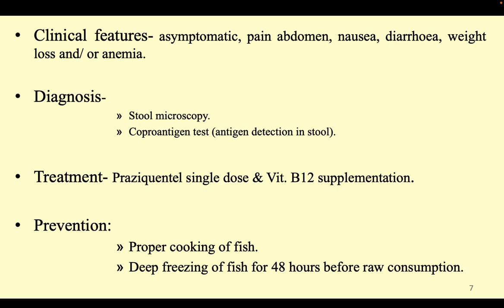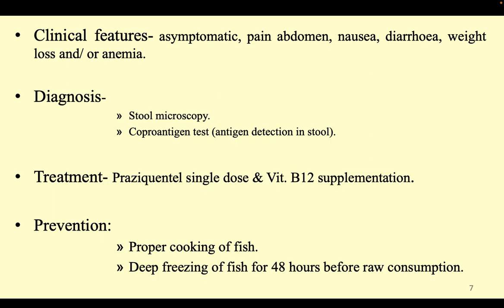Either the infection is asymptomatic, there are no symptoms, or there will be non-specific symptoms such as pain abdomen, nausea, diarrhea. And in addition to that, in case of Diphyllobothrium latum, there could be pernicious anemia because of vitamin B12 deficiency. That is the separate thing that is seen only in case of Fishelopsis buski and Diphyllobothrium latum infection.